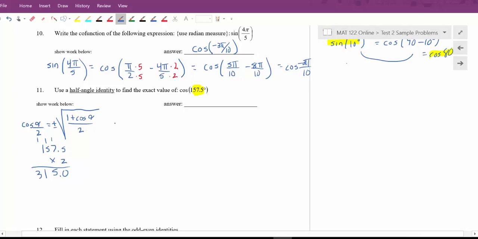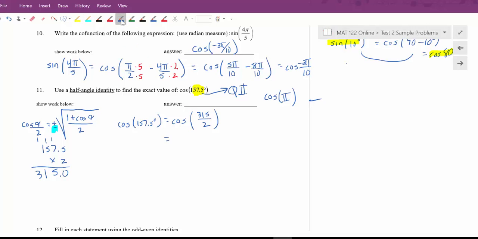So what we're going to work with is the cosine of 157.5 degrees being the same thing as the cosine of 315 over 2. A couple of things to note on this. This is a quadrant 2 angle. The cosine of a quadrant 2 angle is negative. So that means you have to conclude that you're going to use that negative symbol right there.